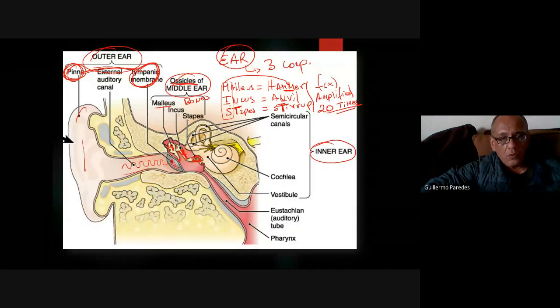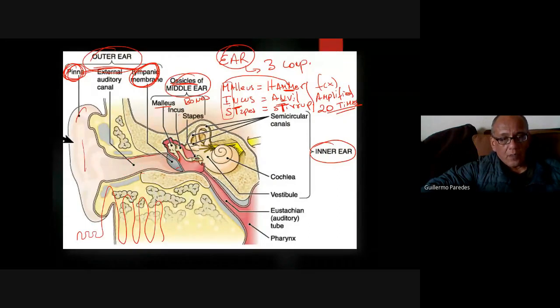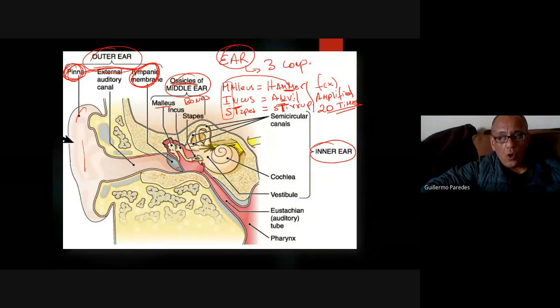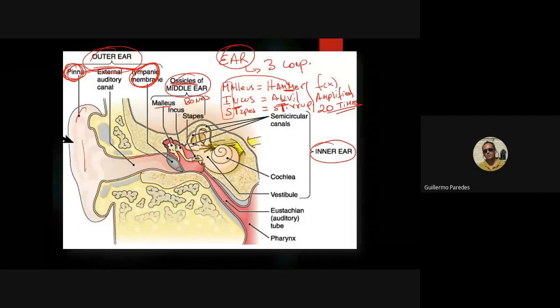So they increase the sound wave 20 times so you can hear better. When you get older, the articulation between these bones gets harder, so you don't have that vibration. So you start losing your hearing when you get older.